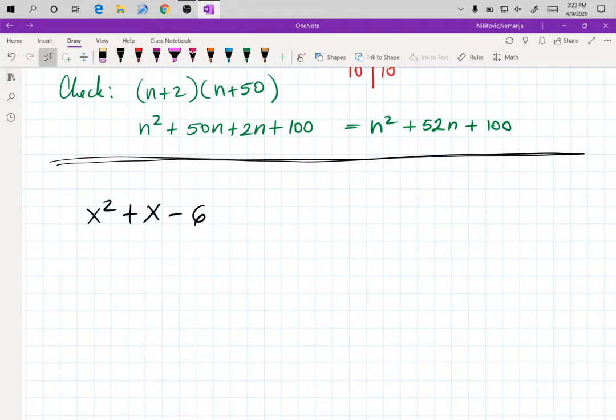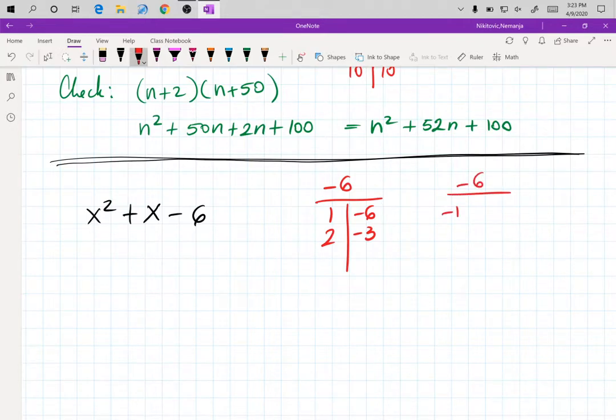Now remember, when you are figuring out factors of c, your c is now negative. So you have to find factors of negative 6. That is going to be 1 and negative 6, 2 and negative 3. But also, you can have the negative sign on the first number and no negative on the second number.